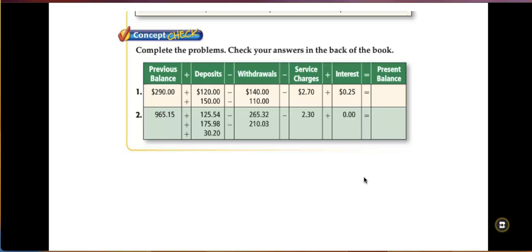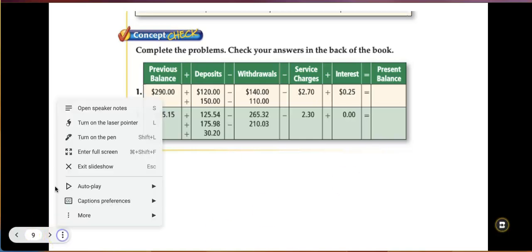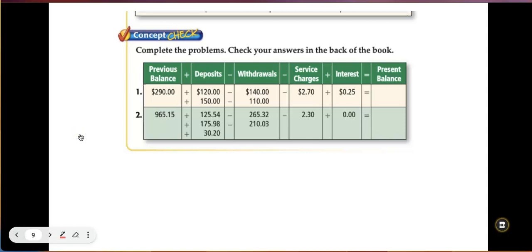Okay, let's look at these two problems. So what you're going to be doing is putting $290 in your calculator. So that's what you had in your account, $290. Then you're going to add. Now you can add these two up separately, you might want to put them in separately.